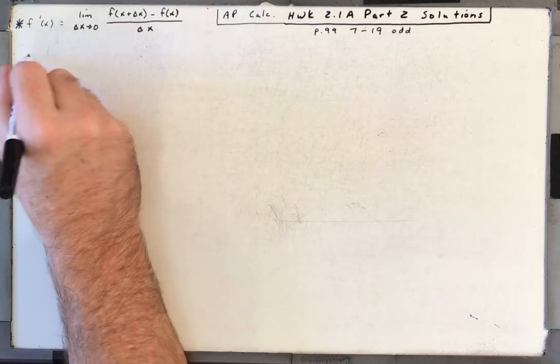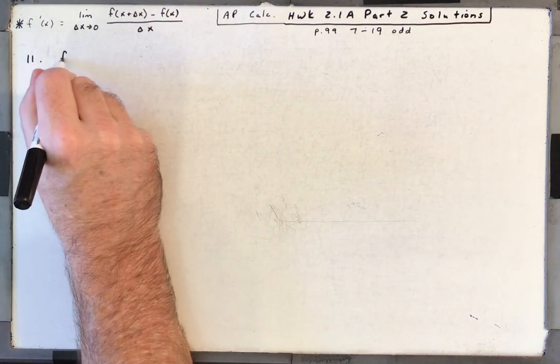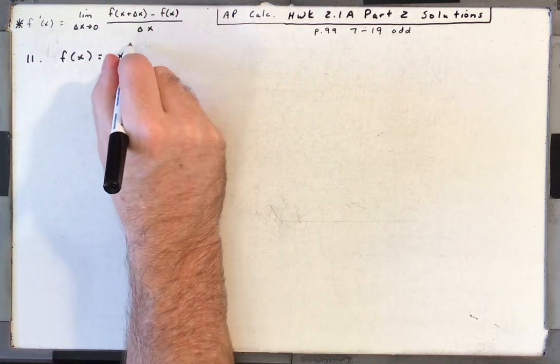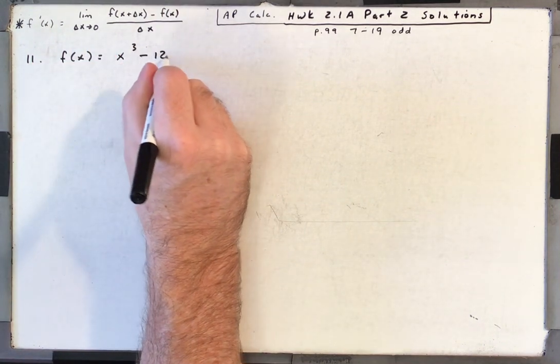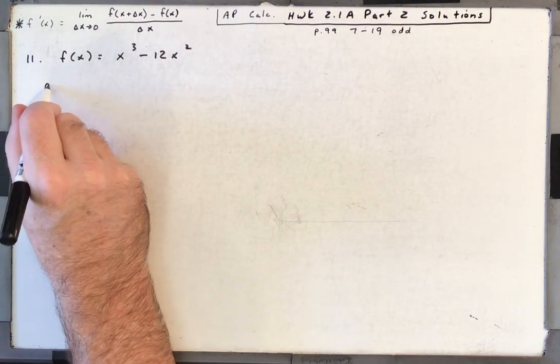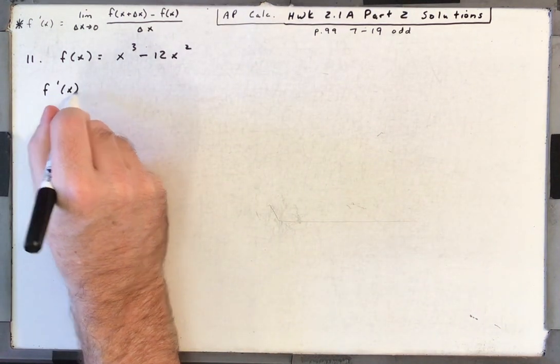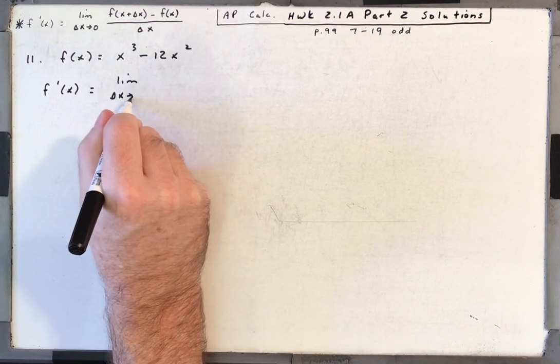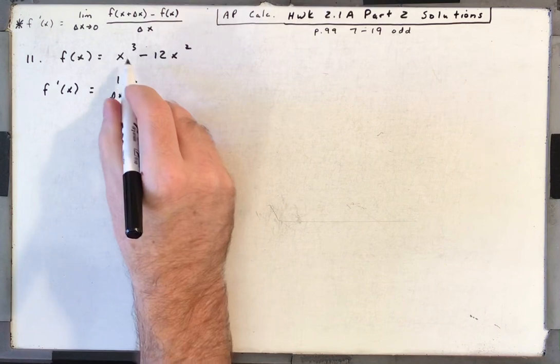So number 11, we have f of x is equal to x cubed minus 12x squared. Okay, f prime of x is equal to the limit as delta x approaches 0. F of x plus delta x.